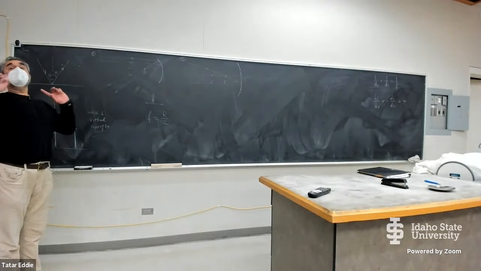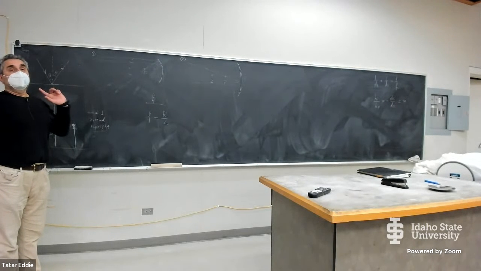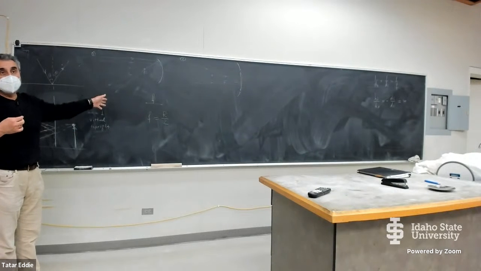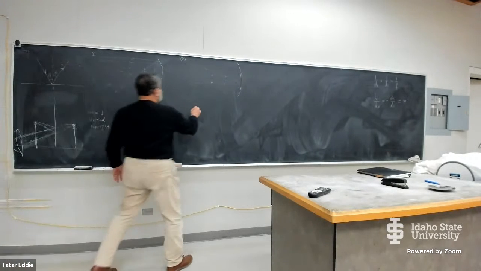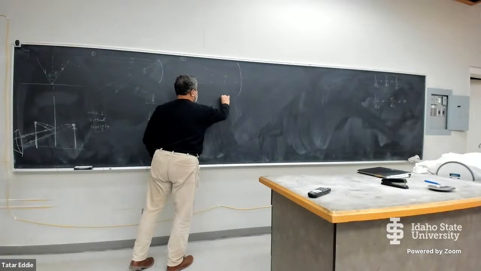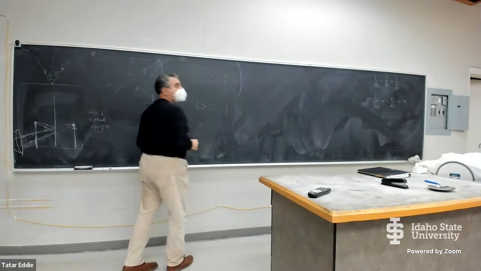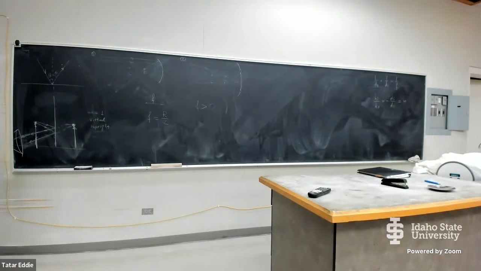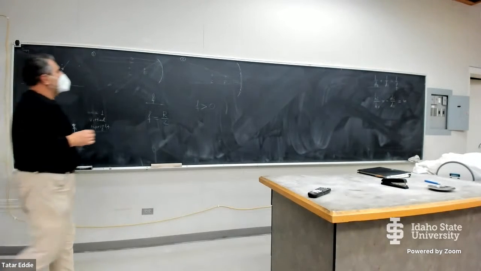For concave mirrors, like the mirror that we're analyzing now, the focal length, of course, is a positive number for spherical concave shapes.